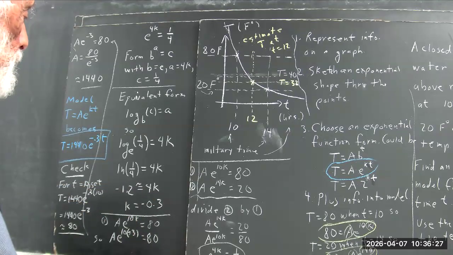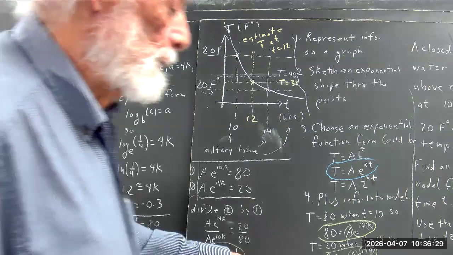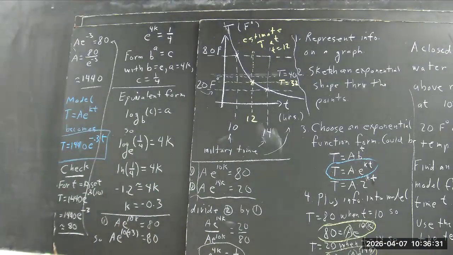Okay. And actually, I can get an estimate of the natural log of 1/4. I estimated 1.2. We can see how close I came. And Wolfram is telling me that, gee, I was way off with that.